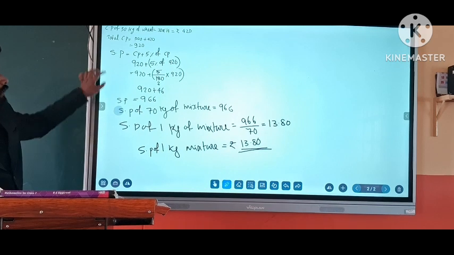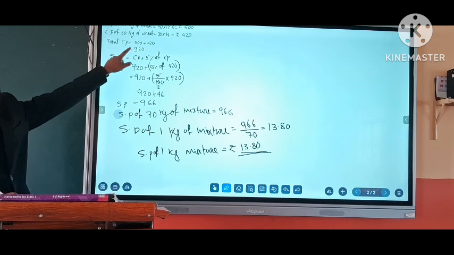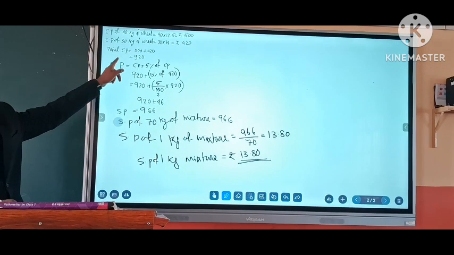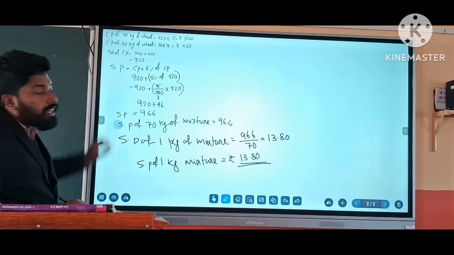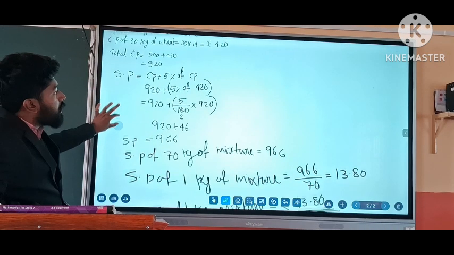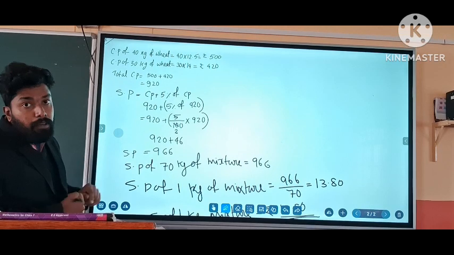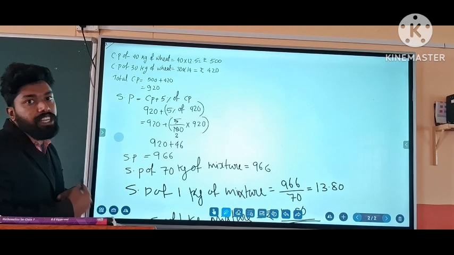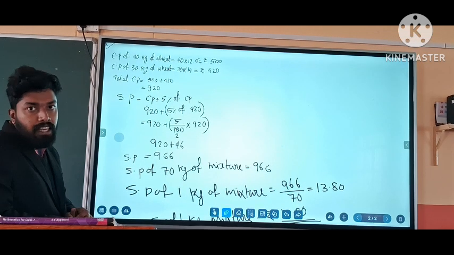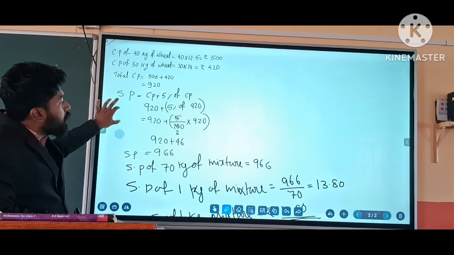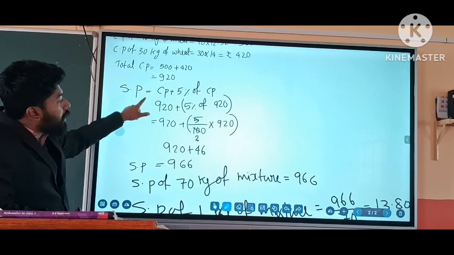So what do we find out? We find out the total CP, and in the question the hint is given that he wants to make 5% gain in the whole transaction, not per kg. That's why we find out the selling price.